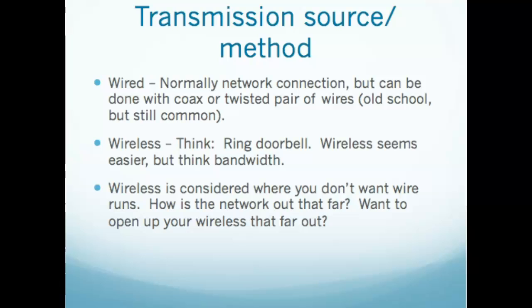Because as you know, streaming does take some bandwidth. Your cell phone is using more data when you're streaming a video than it does when you're talking on a call or you're emailing or you're reading something. So you're going to use a lot more bandwidth than the average bear if you have a lot of wireless cameras. So you have to think about that.